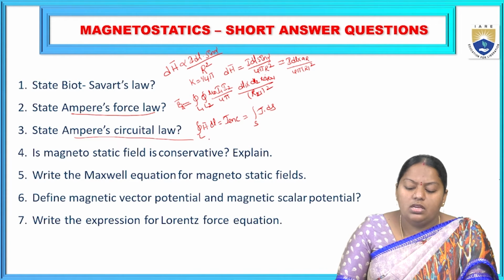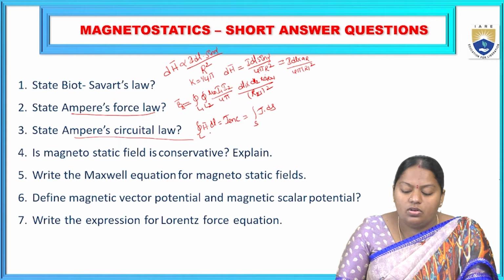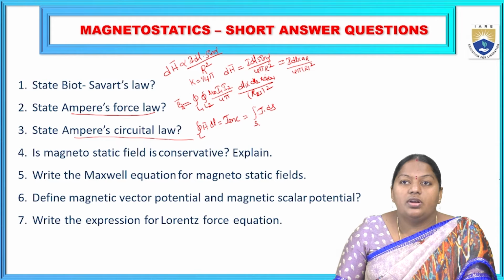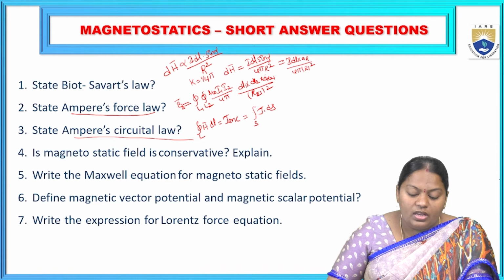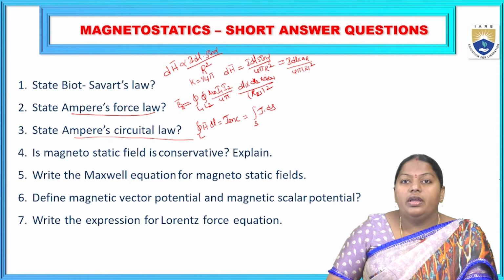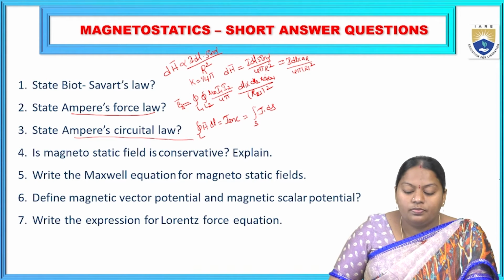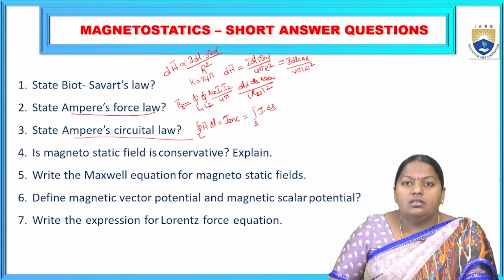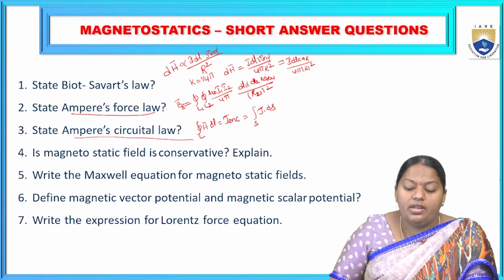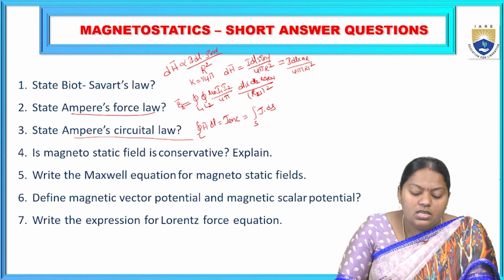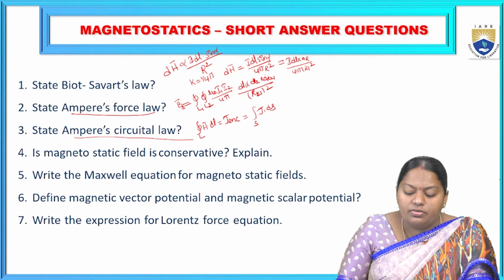So I enclosed is equal to the closed line integral of H dot dl, or sometimes it might be expressed in terms of current density, that is, integral S J dot ds. Yeah, this is the Ampere's circuit law. In short, we call it Ampere's law, and it is one of the Maxwell's equations derived for magnetostatic fields.